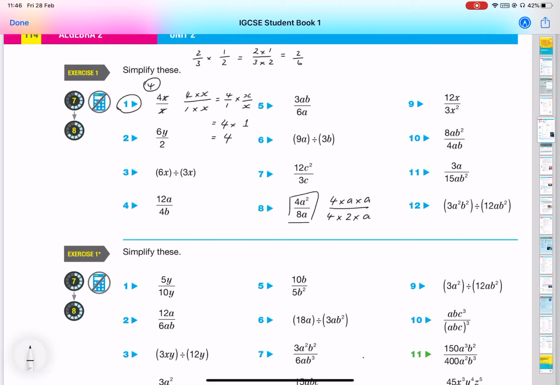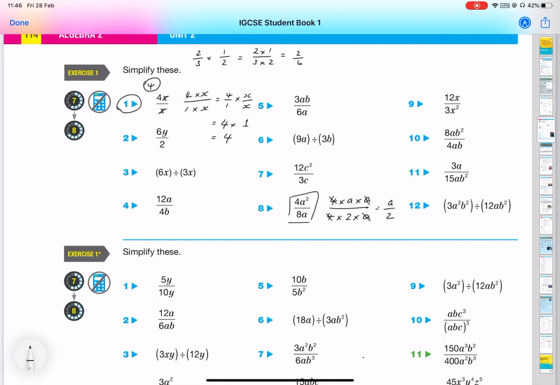Using the same approach, I'm not going to rewrite it as the product of different fractions, but because I've lined them up this way, I can see really easily where things are going to cancel out, and you'll see why I rewrote 8 as 4 times 2. The a will cancel with the a because I'm going to get a over a. The 4 will cancel with the 4 because I'm going to get 4 over 4, which is just 1. And I'm left with just those middle bits, which is a over 2.